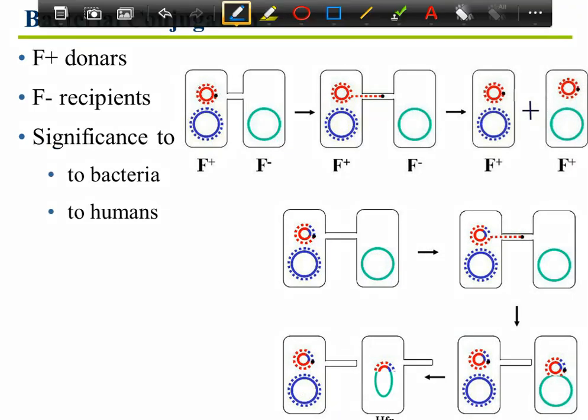All right, so look at this scenario right here. We've got a bacterial cell, cell 1. His host cell chromosome in blue, plasmid in pink.